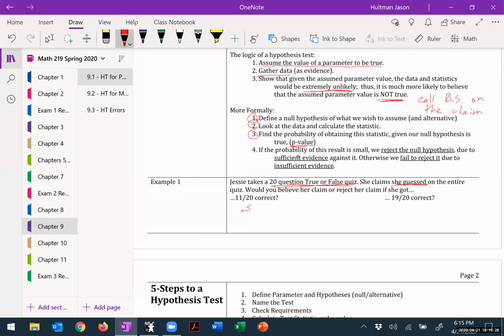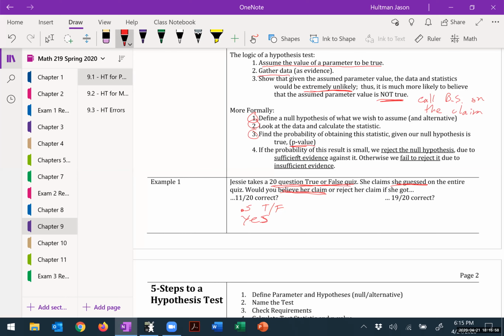On a true-false test, what's the chance of randomly guessing a question correct? It's 1/2, 50%. If she did that on every question, she could presumably get about half of them correct. So would you believe her claim if she got 11 out of 20 correct? Yeah, that's believable.